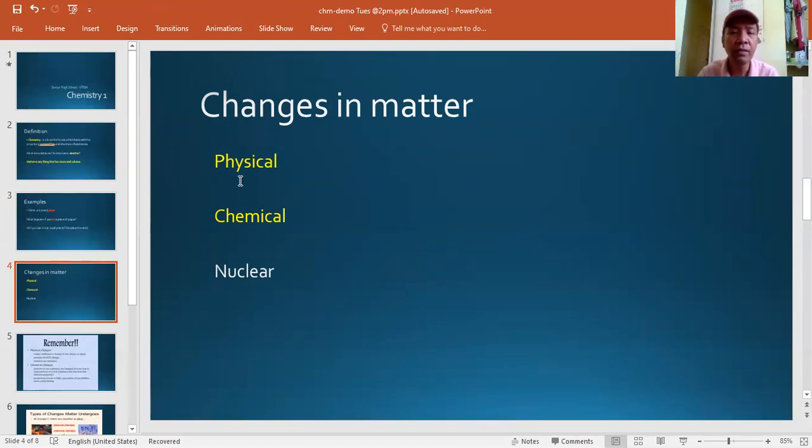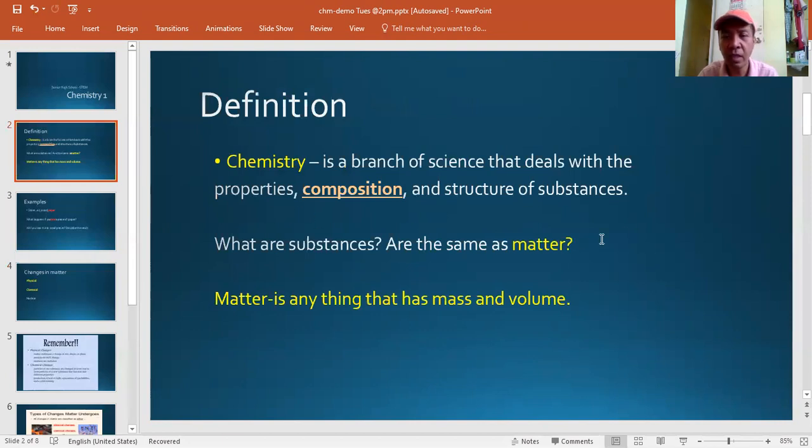First is physical change. Physical change is a change that matter undergoes which does not alter the composition. Look at the definition of chemistry. It does not alter the properties, composition, and structure of the paper, because it's still paper.